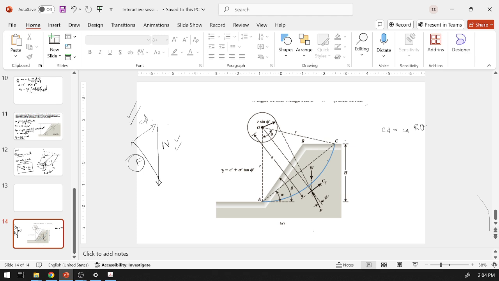If we assume that full friction is mobilized, the line of action of F will make an angle phi with the normal to the arc. So if we take the normal here, normal to the arc, this will be phi. Now we can calculate phi, and from phi we can know how much friction has been mobilized.